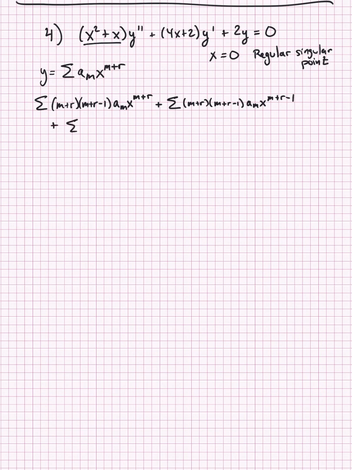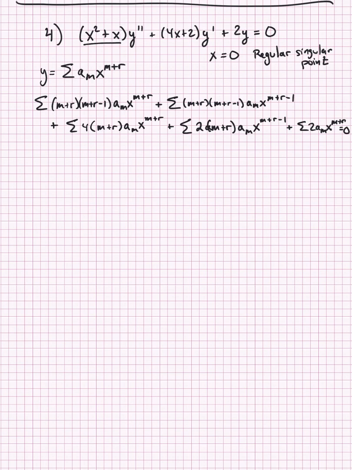Then we have 4 times (m plus r) a_m x to the m plus r, coming from the 4x times the first derivative. Then the next, again with an m plus r, a_m x to the m plus r minus 1, comes from the 2 times the derivative. And finally, plus the sum of 2 a_m x to the m plus r equals 0.